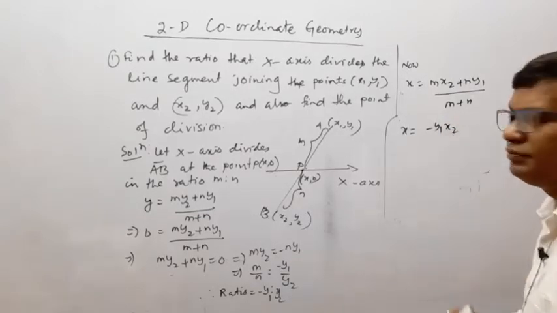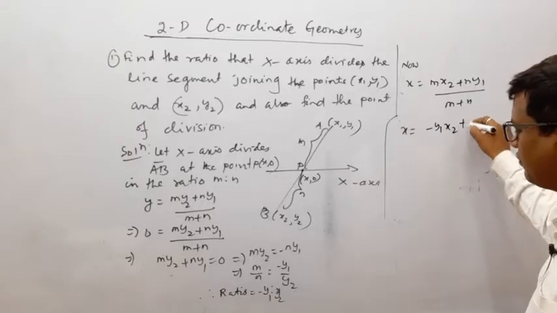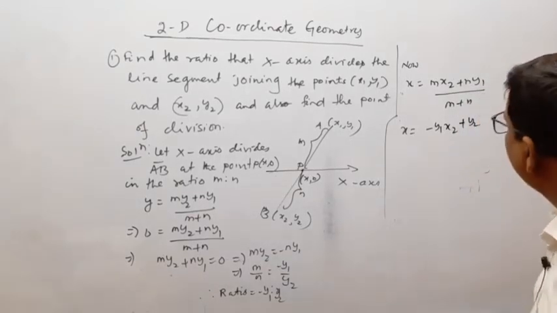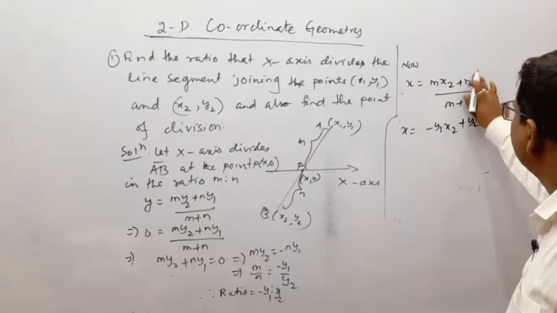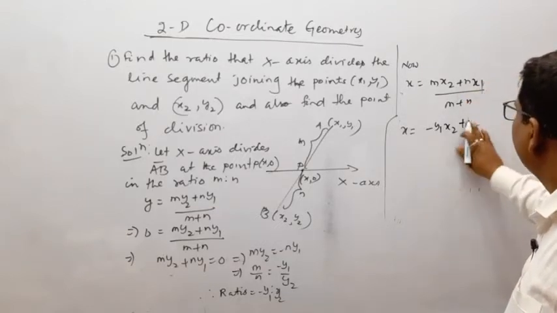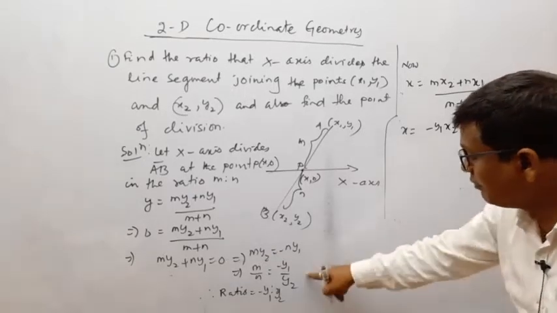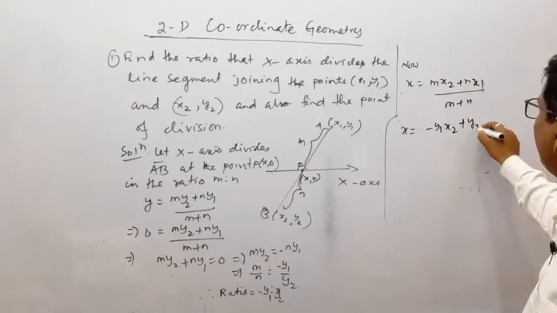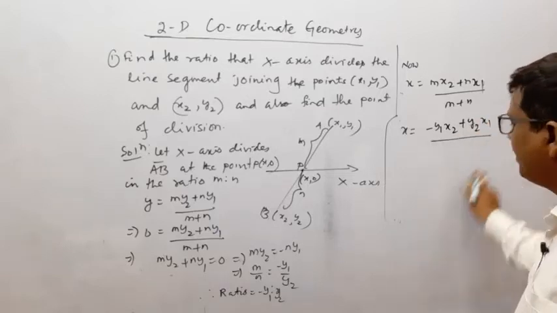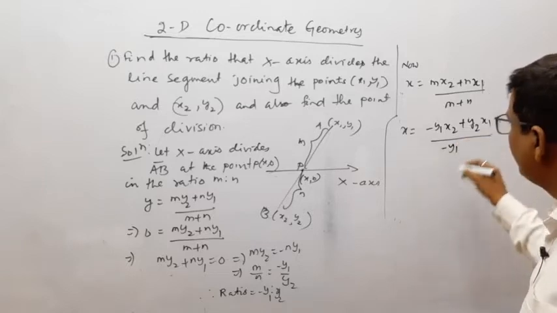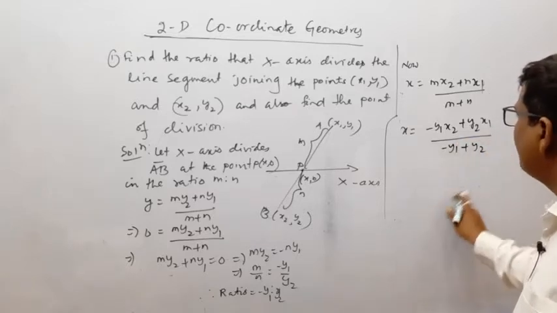into x2, plus n means y2, into, sorry, this is x1. Again, repeat here: n into x1, where m by n means minus y1 by y2. So m means minus y1, n means y2.